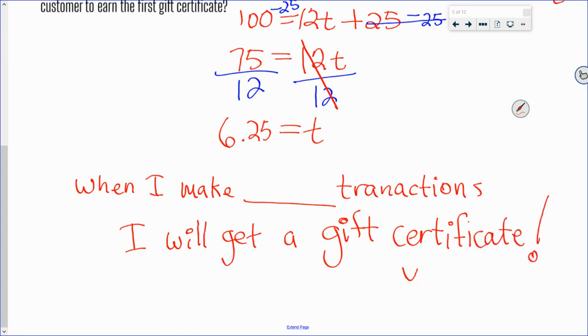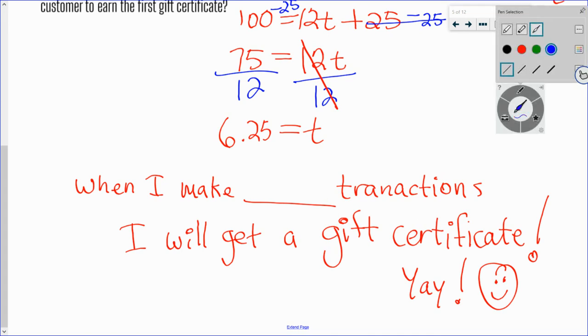Exclamation point, yay. Smiley face. All right, so can you fill in that blank for me?